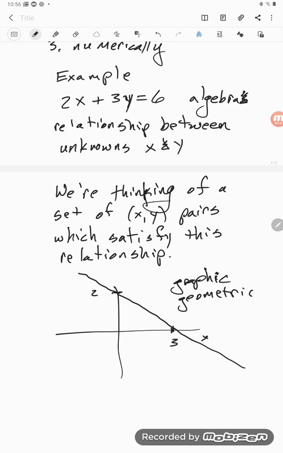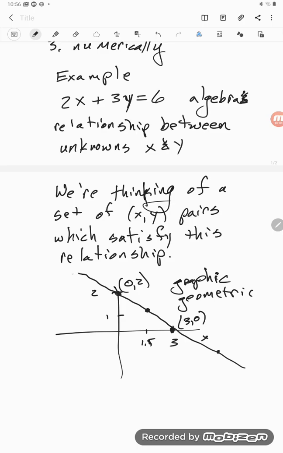This is saying the same thing. We are looking at all these points. Here's a particular point, that's the point (3, 0). This is the point (0, 2). But of course there are others. If we go to something like 1.5 and 1, that would be another solution.